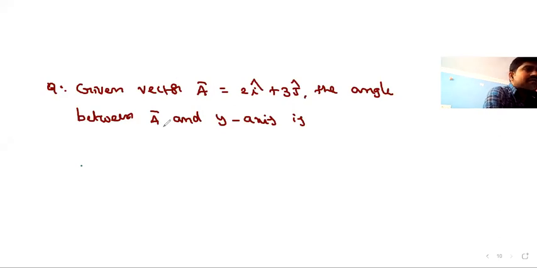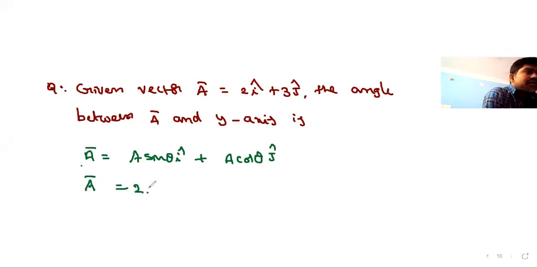If any vector is making an angle theta with y-axis, what can we write for the vector? If it makes an angle with the y-axis, the cos component will be the y component, and the sin component will be the x component. This is the general thing. Now, what is the given equation here?